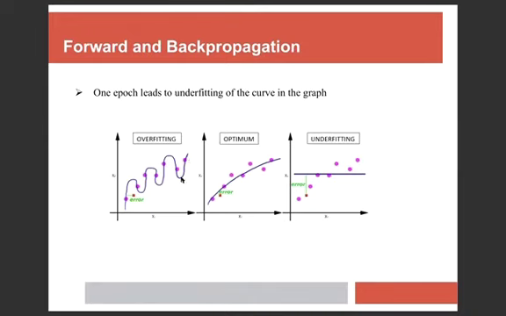Overfitting means that we learn too much from the training data set and we even learn the noise in this data. And by learning the noise, we may lose the underlying general pattern that we prefer to learn.